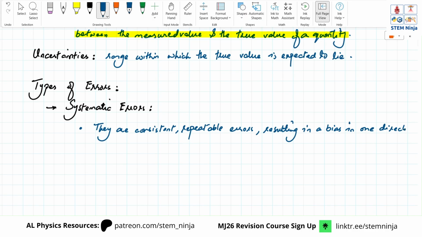That means it will cause a measurement either higher than the true value or lower than the true value.